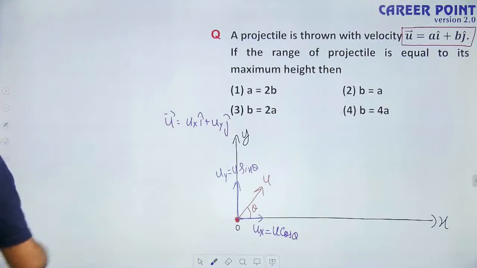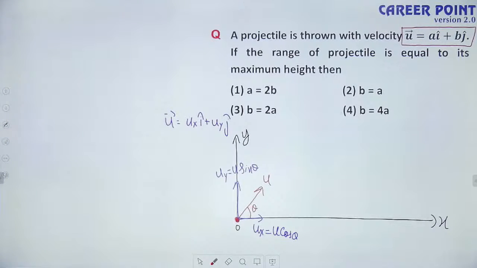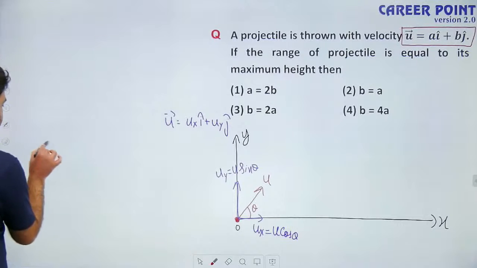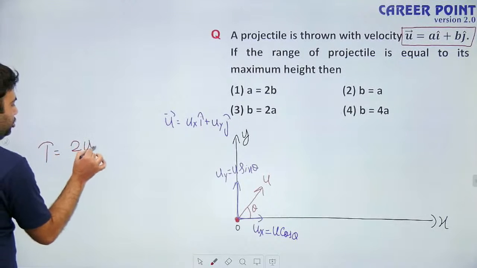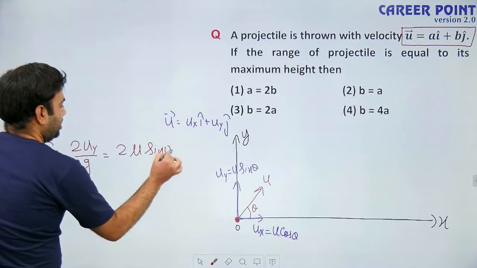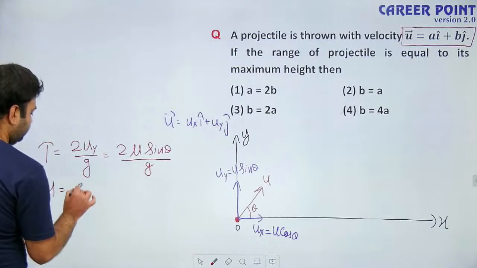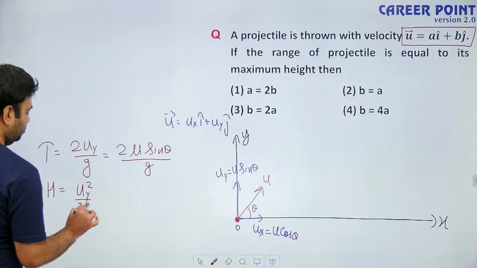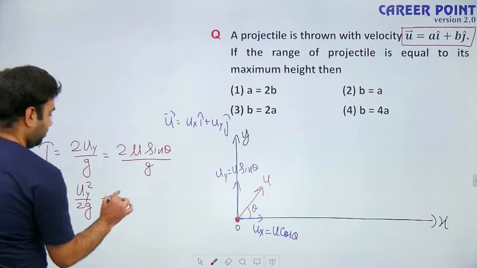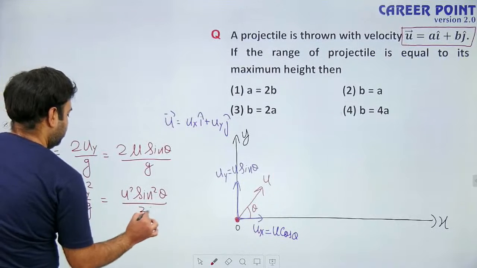Okay, before solving the questions of projectile motion, you should know all the formulas. What is time of flight? Time of flight is 2 uy by g, which is equal to 2 u sin theta divided by g. What is maximum height? It is uy square by 2g, that is equal to u square sin square theta divided by 2g.